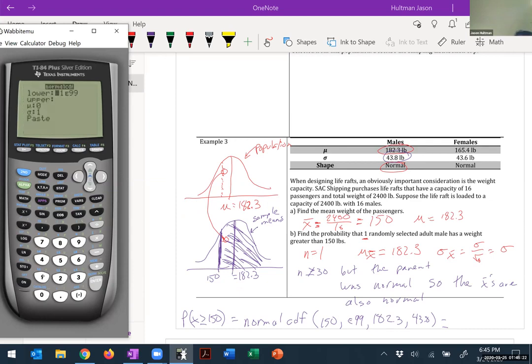The lower is 150. We want everything from 150 or above. What's the probability that one of these people is greater than 150? That's 150 to upper, which is infinity.